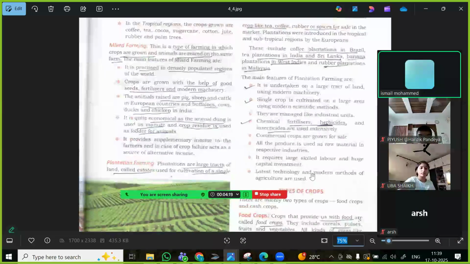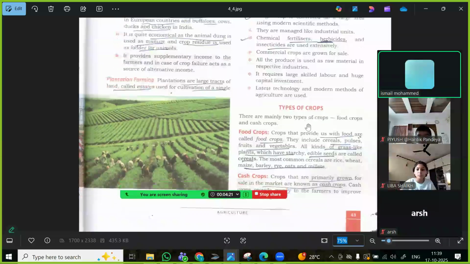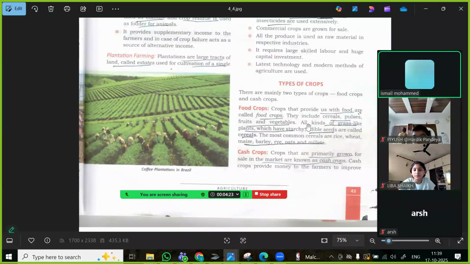What are the types of crops that you can grow? Basically, as I showed in that diagram yesterday, there are two kinds: food crops and cash crops.